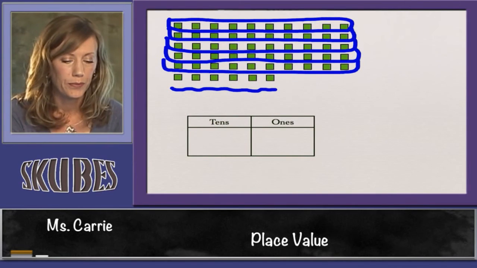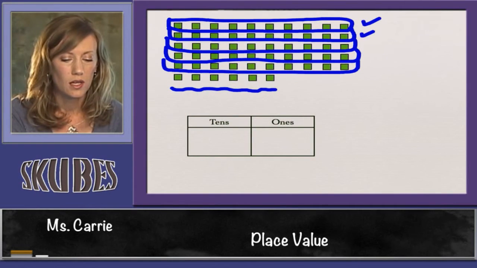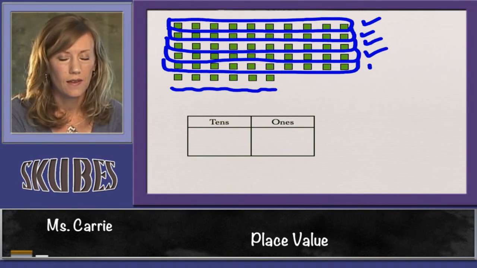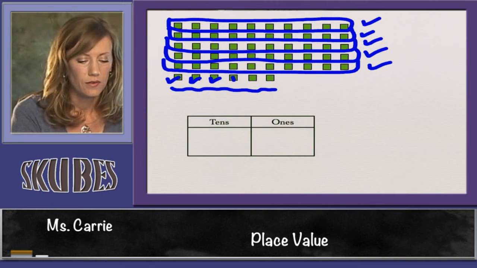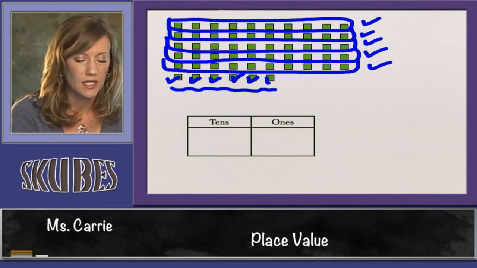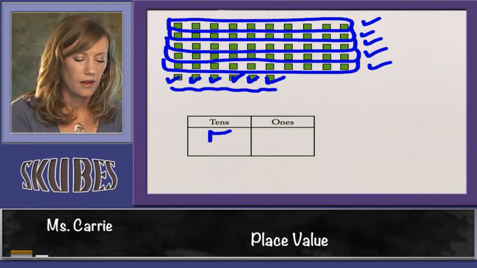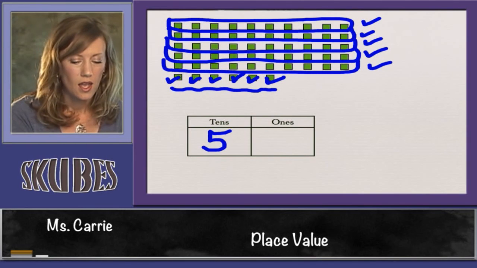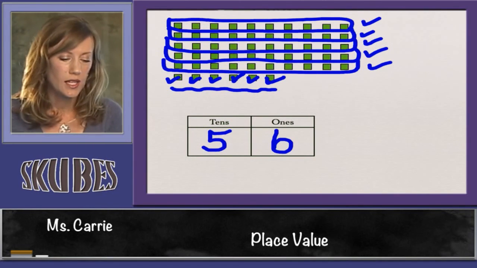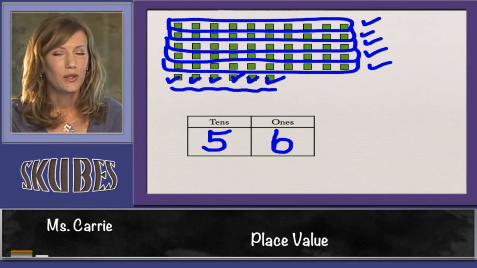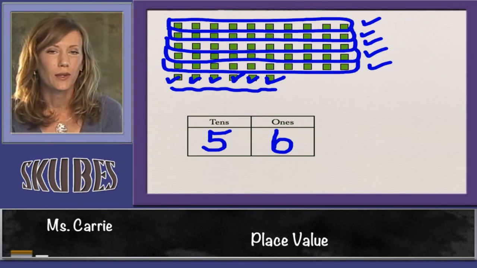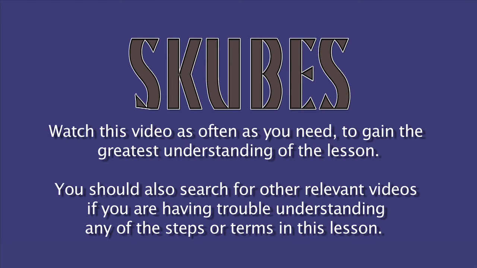So let's count it up. 10, 20, 30, 40, 50, 51, 52, 53, 54, 55, 56. We had 5 groups of 10, and we had 6 ones left over, so our number was 56. That concludes our lesson today on place value.